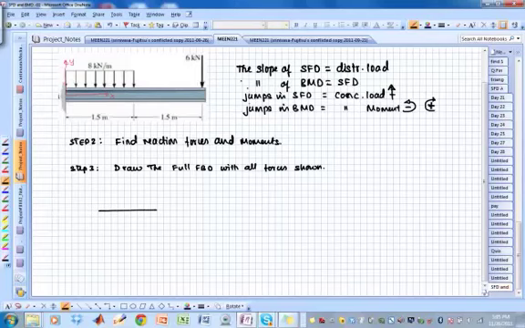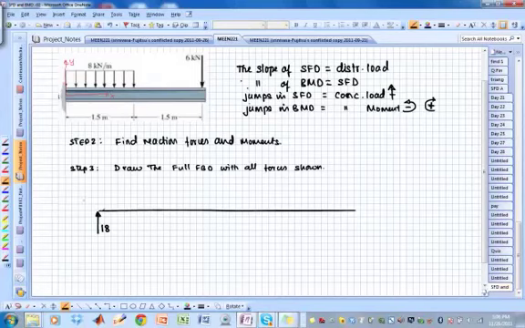Let's start up here and go all the way like that. Forget that, we'll redraw it. Don't worry. So then we have a concentrated load here. That's the external reaction, 18.